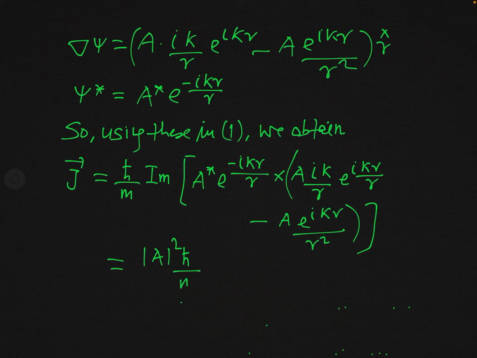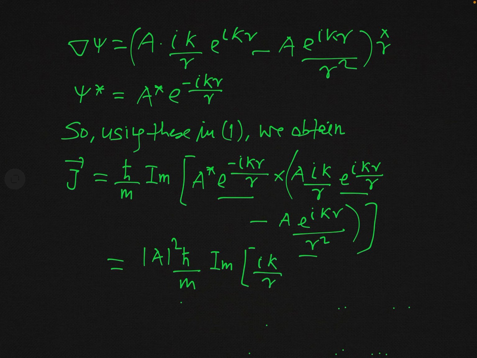So this will be mod of A square times h cross over m into imaginary part of, you can see from here, when we multiply this exponential factor by this and this, the result will be simply 1.